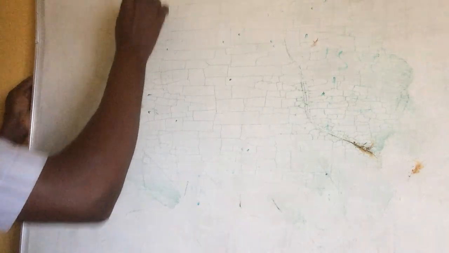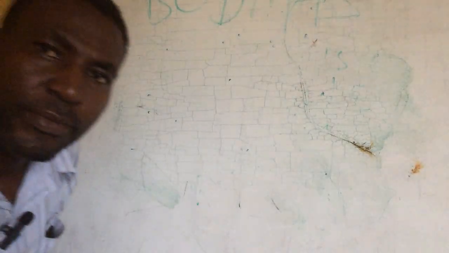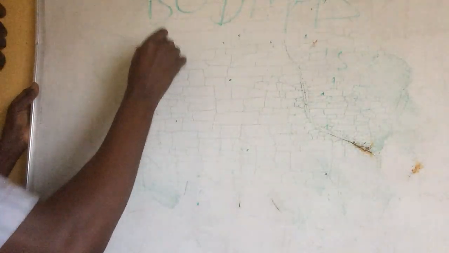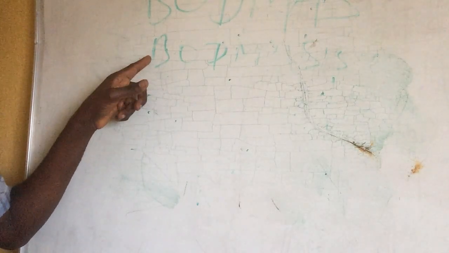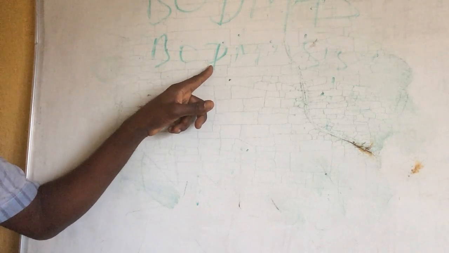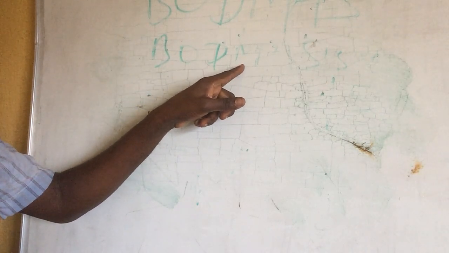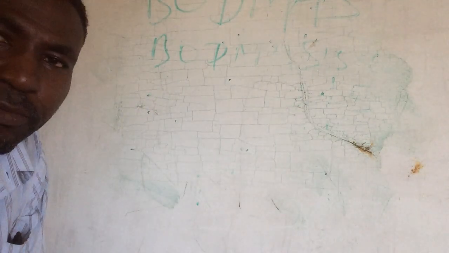In BODMAS, B stands for bracket, O stands for of, D stands for division, M stands for multiplication, A stands for addition, S stands for subtraction.